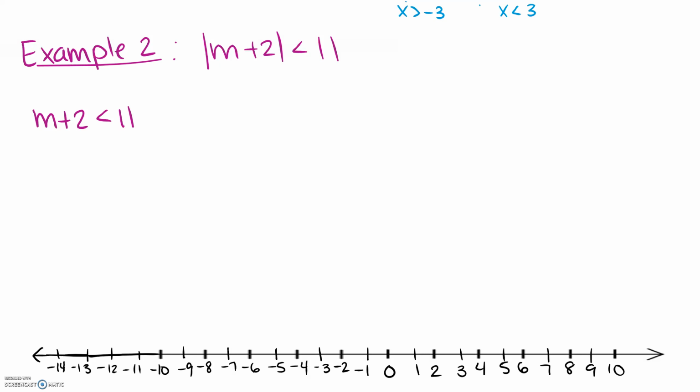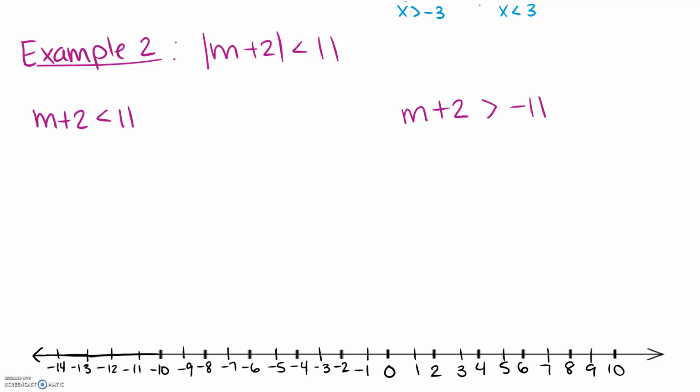We have m plus 2, and it's going to be set equal, in this case, to a negative 11. However, when we set that to negative 11, we have to switch or reverse our inequality symbol. So instead of it being less than, it is now greater than.